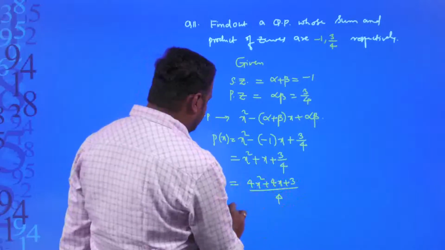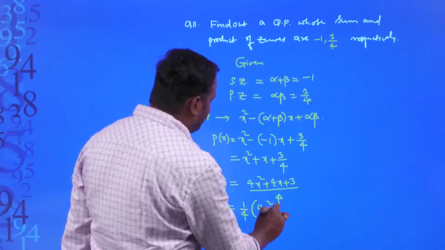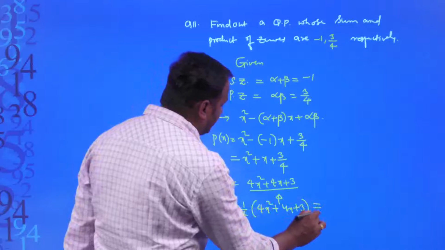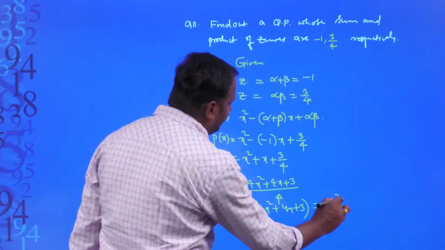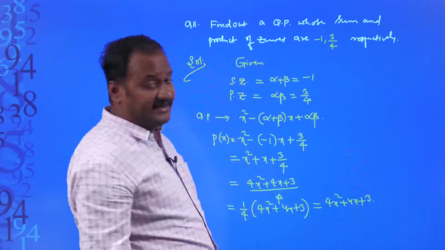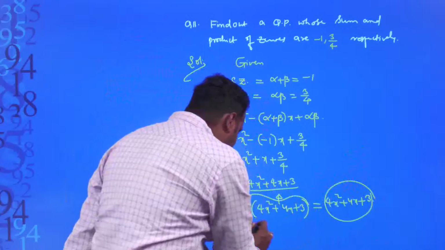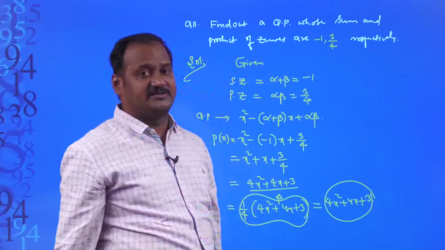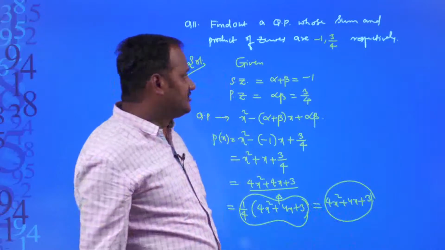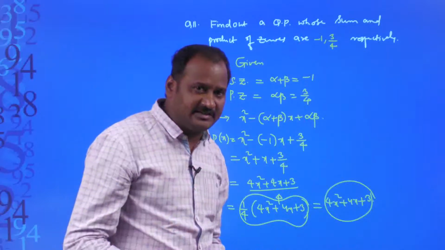So you can write this as 1 divided by 4 times 4x square plus 4x plus 3, or else simply you can write this polynomial as 4x square plus 4x plus 3, because if you find zeros of either polynomial, both sets of zeros must be the same. So that is why you can write any one of these two polynomials. This is the way of obtaining a quadratic polynomial when sum of zeros as well as product of zeros are given.